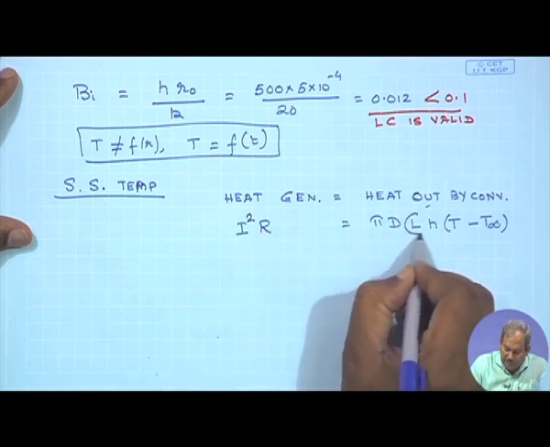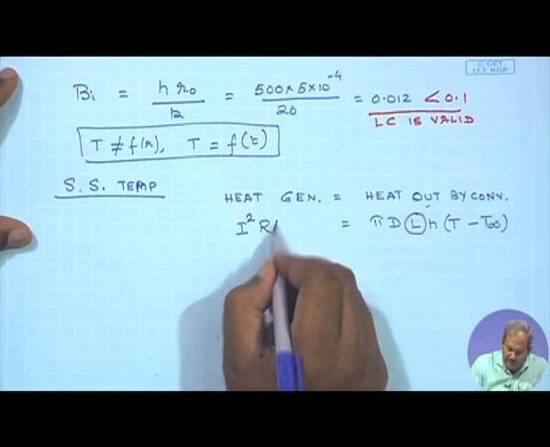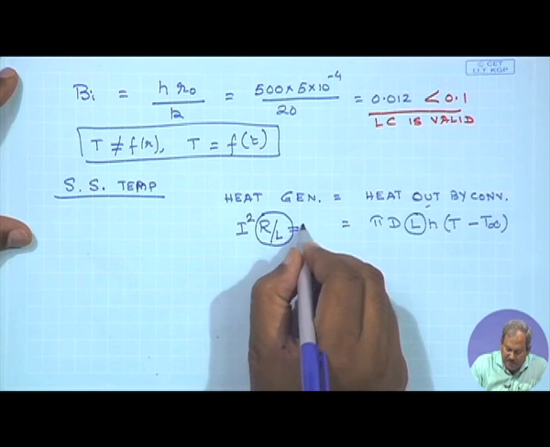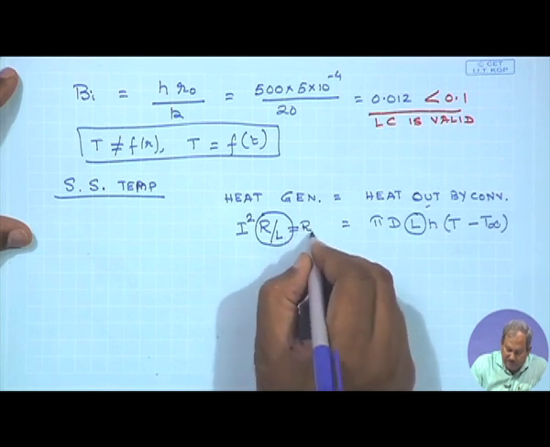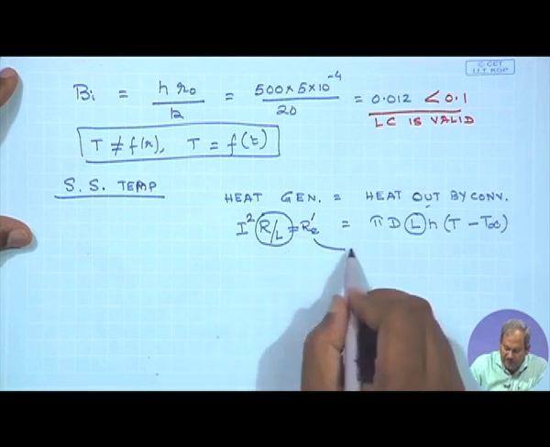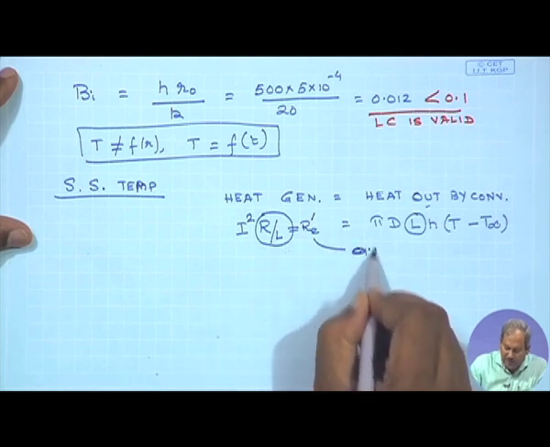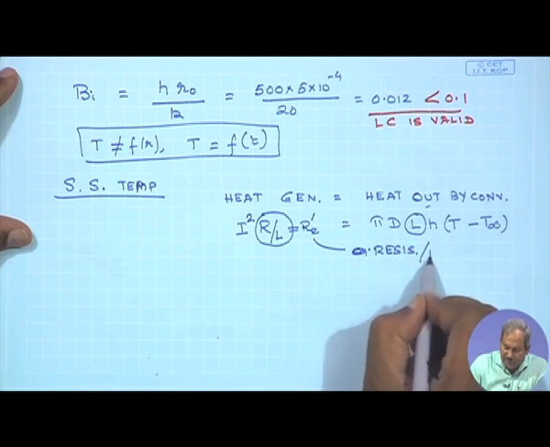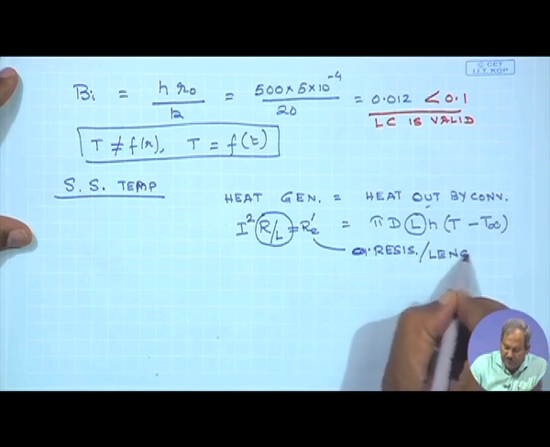So, I bring this L to this side and make it R by L. So, when I make it R by L, this is nothing but the resistance per unit length of the wire, and this is how I denote it. So, resistance per unit length of the wire.